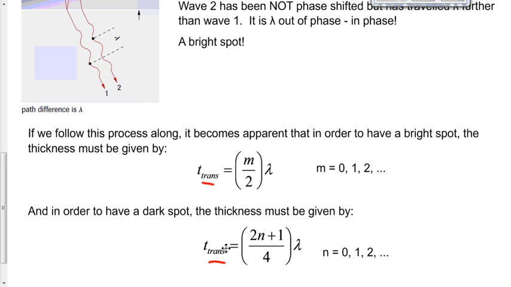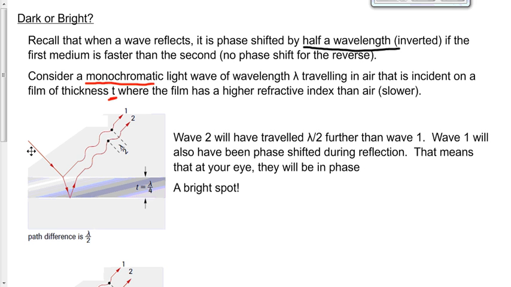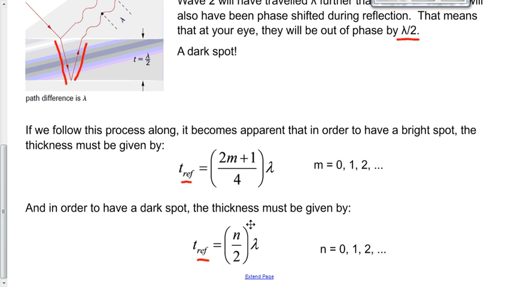And the answer is no. But if I go back and take a look at the dark spot for reflection, the answer is yes. If I have a film that is so incredibly thin we can almost ignore its thickness, that would be the n equals 0 case, then no matter what the wavelength is, the reflection thickness can be 0. And so that's the big clue here.